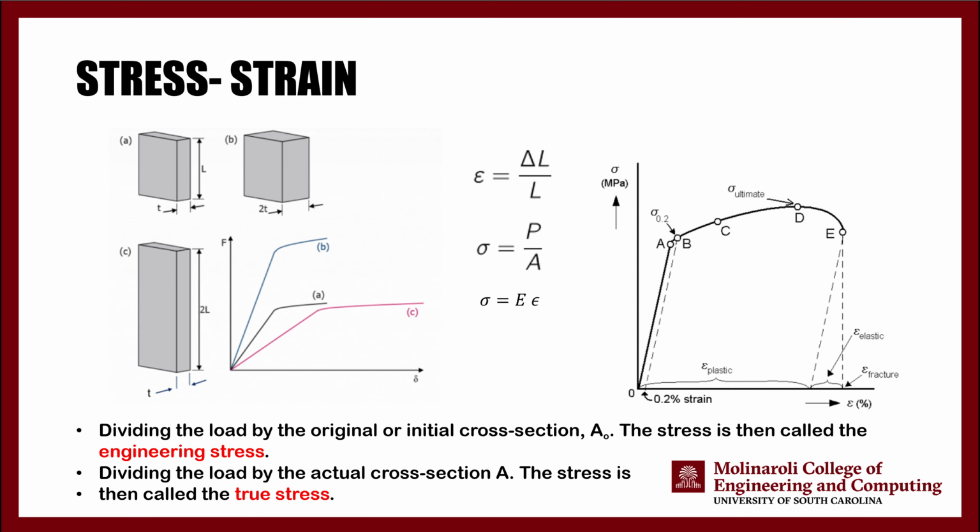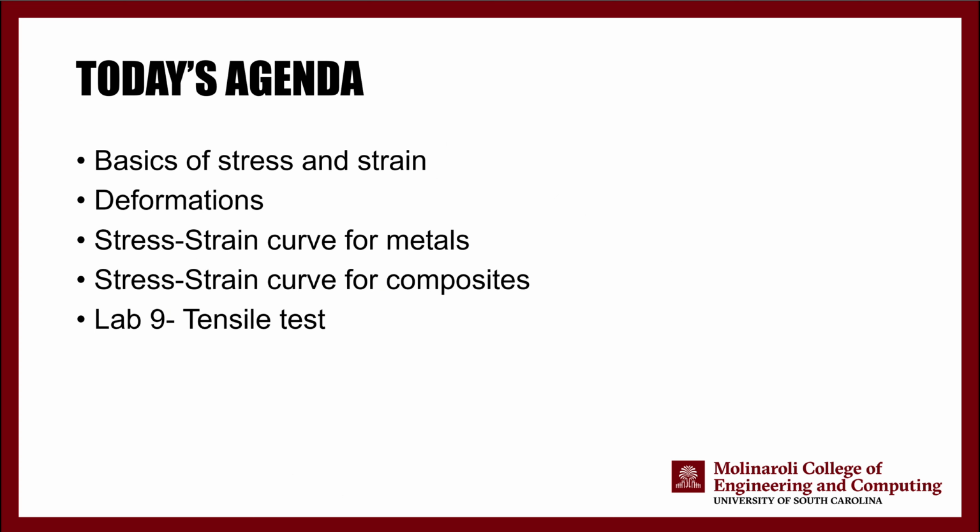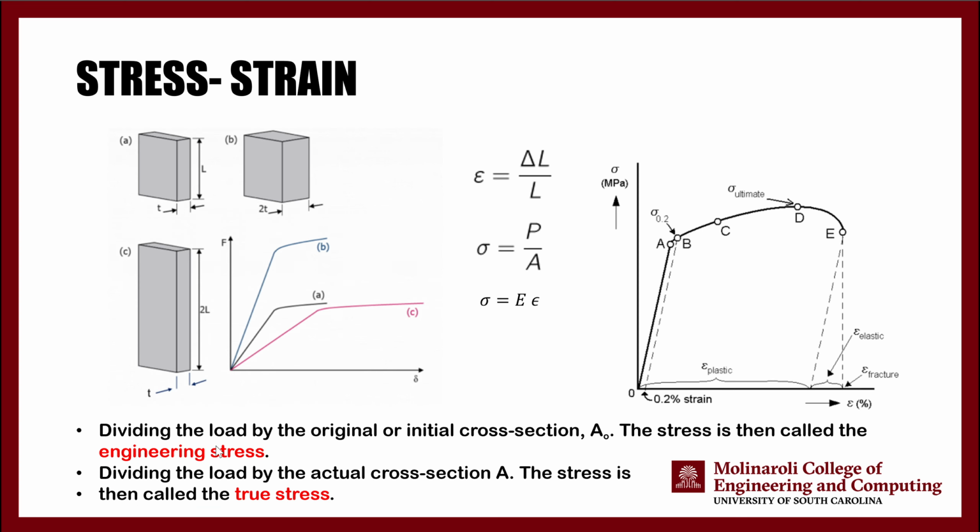There are a couple of things that you have to keep in mind. We usually deal with engineering stress instead of true stress. What that means is that to calculate the stress, we divide the load by the initial value of the cross section. Because the idea is if you apply a tensile load to any of your samples, your cross section also changes with time with your load, right? But to make our lives easier, we don't want to go back and measure the cross section again.